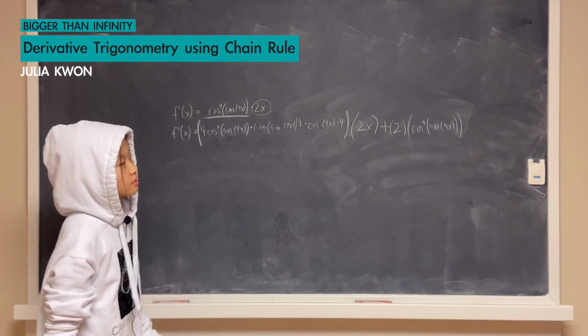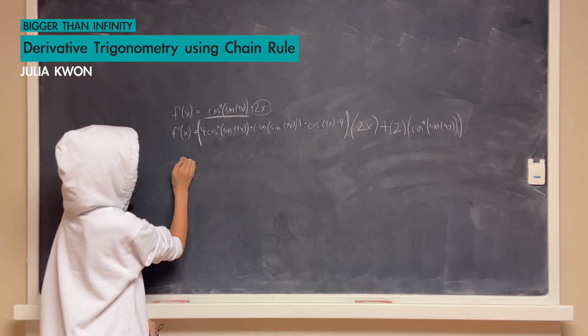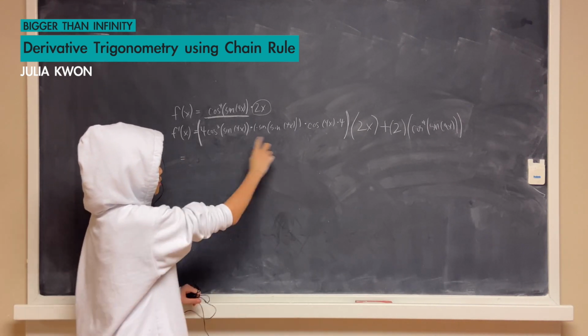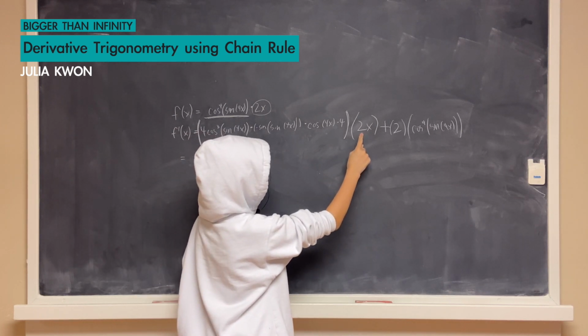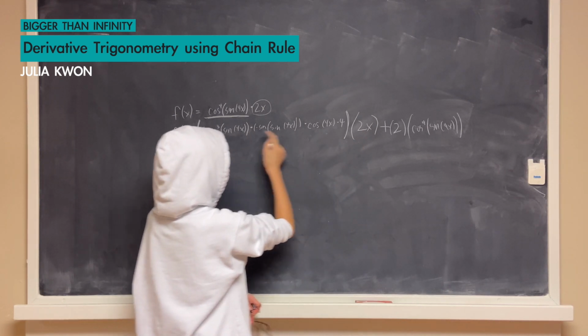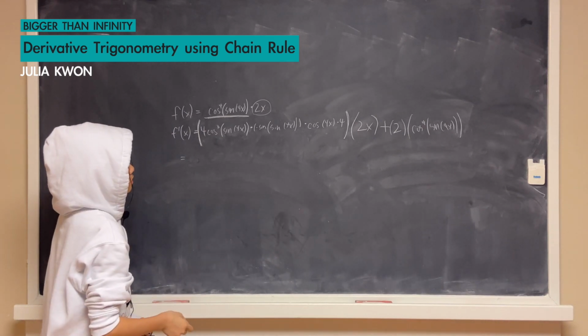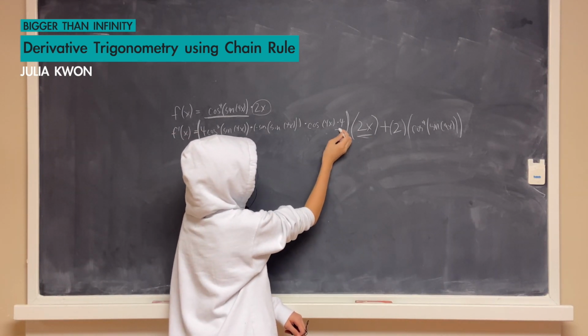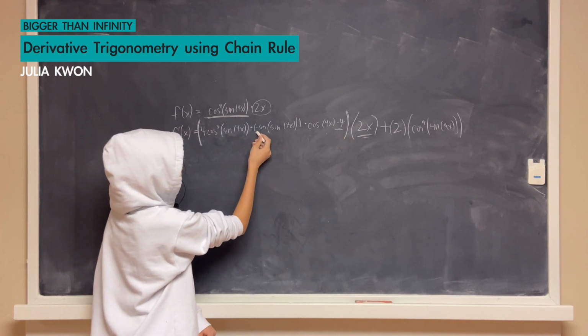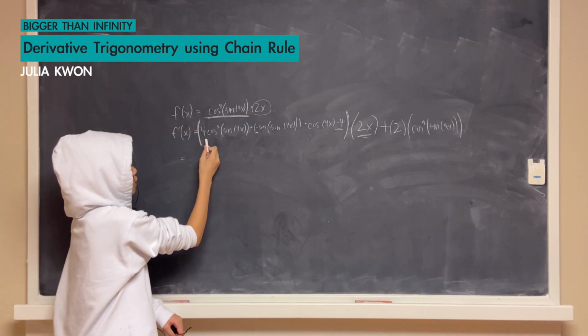To simplify this first part, I would like to multiply the 2x to the front. So we're going to multiply the 2x, the 4 here, the negative sign here, with the 4 in the front.